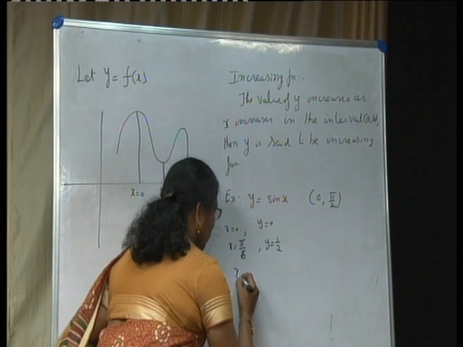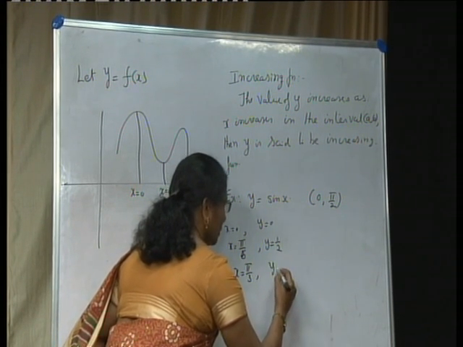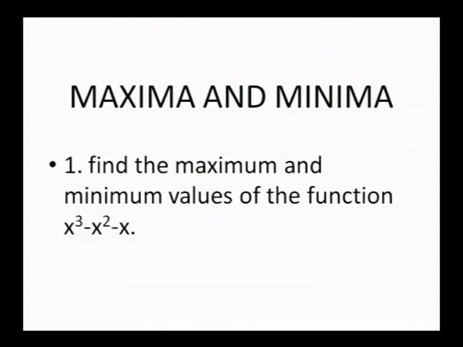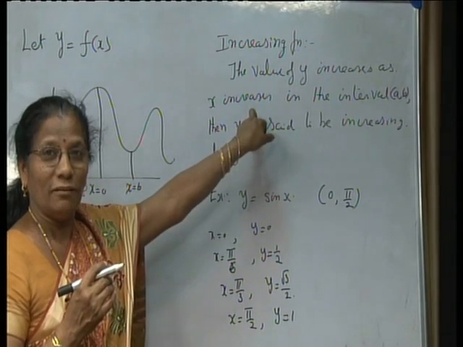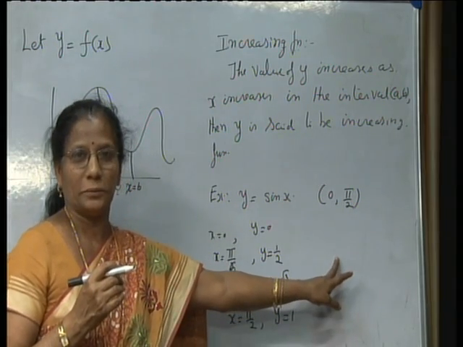Suppose x is equal to pi by 3, y is equal to root 3 by 2, and x is equal to pi by 2, y is equal to 1. See that as the x value goes on increasing, the y value also increases. Therefore y is said to be an increasing function in the interval 0 to pi by 2.